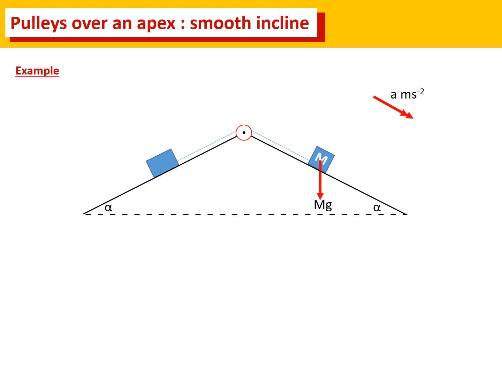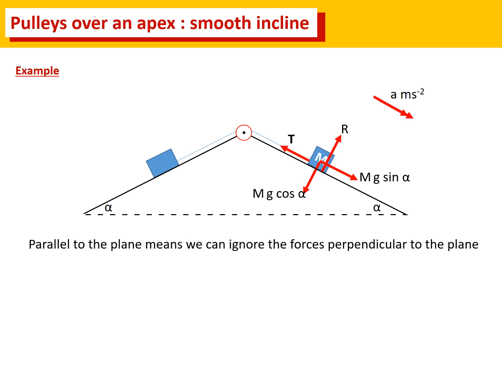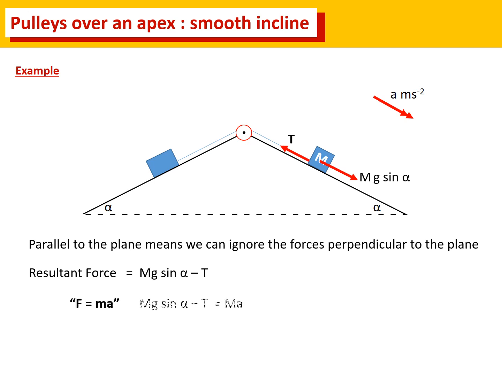For mass m, that's its weight, tension, normal reaction, components of weight, sine down the incline, cos into the plane, remove the weight, and therefore remove the perpendicular forces, and we have mg sine alpha minus T. Using Newton's second law, that resultant force equals mass times acceleration.